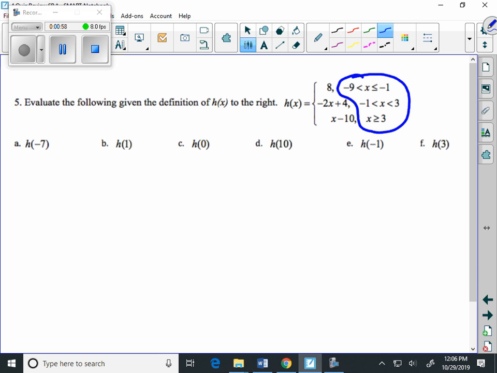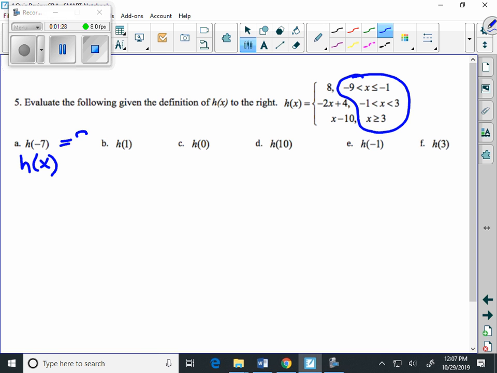So when we look over here at h of -7, this is h of x. So we're looking to see where is -7? Well, is -7 between -9 and -1, including -1? Yes. And the nice part about this is that there is no value of x in the actual function part, which is the 8.